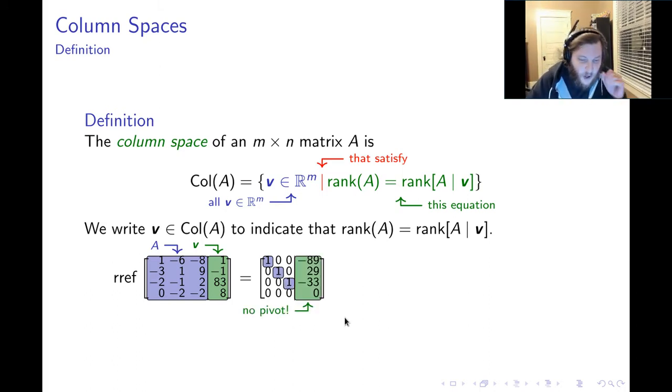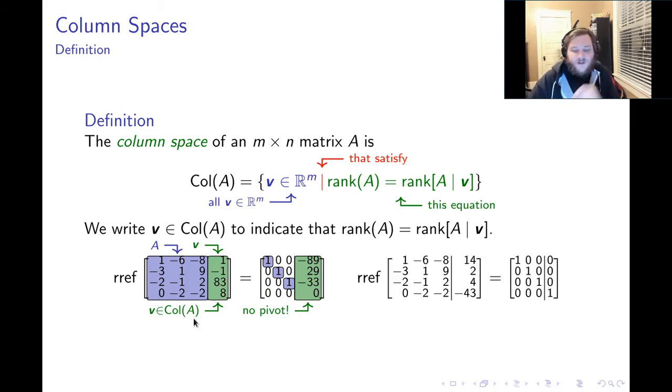So there's no pivot in the augmented column when we row reduce. This means that the rank of A itself is the same as the rank of A augmented with v. This is the same thing as saying that the v we're working with here belongs to the column space of A. Let's look at a different example.